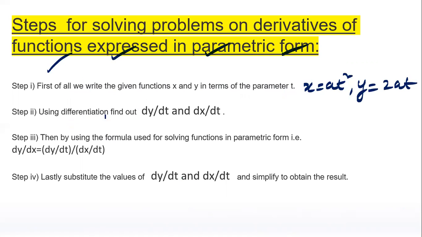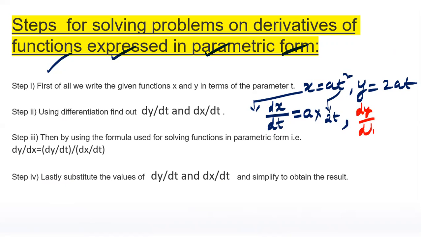In second step, find out dy over dt and dx over dt. So from here you can find out by differentiating both sides with respect to variable t. dx over dt, a is constant, and differentiation of t square will be 2t. Now dy over dt, 2a is constant and derivative of t will be 1. So we have calculated dx over dt and dy over dt.